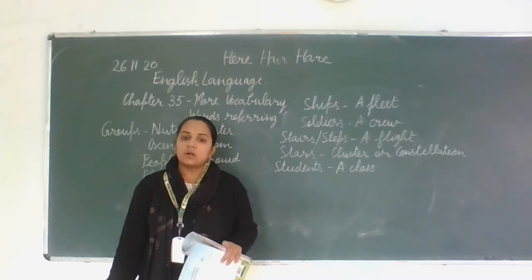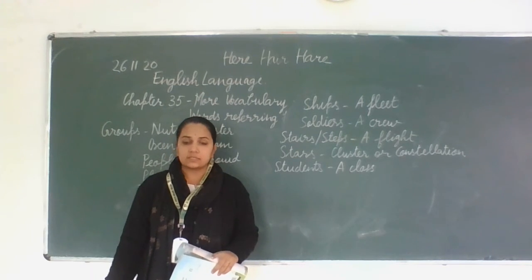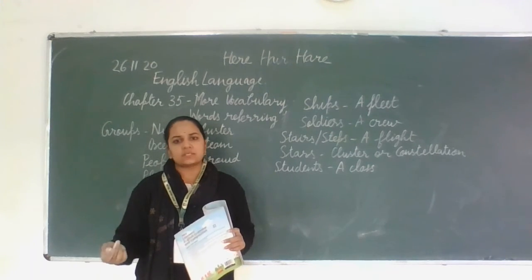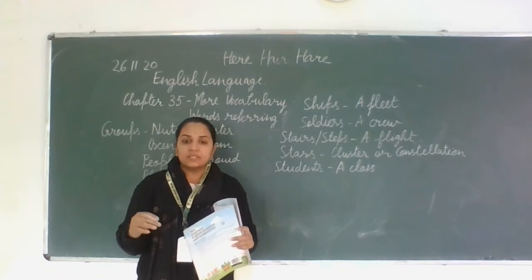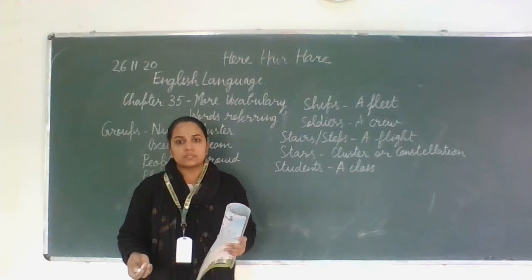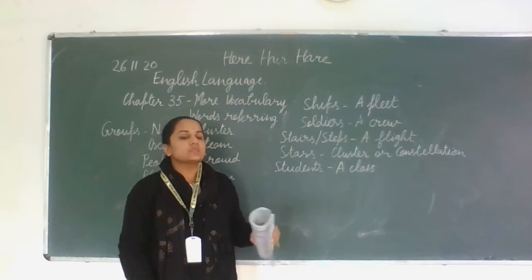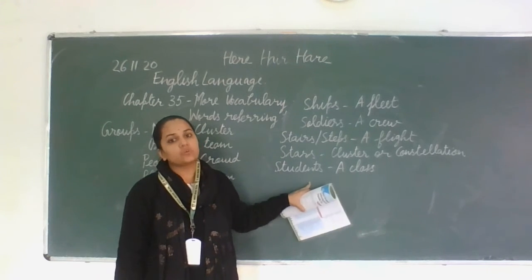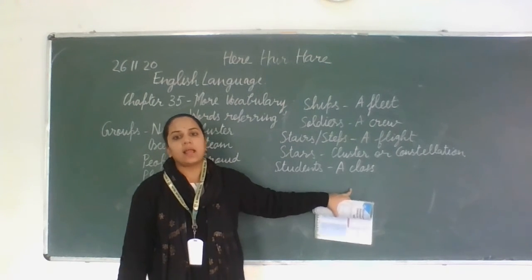The teachers mostly says class. This is your homework or this is your assignment. So before that, when the teacher addresses the students, the teacher hardly uses the word students. Mostly they use the word class. Because the group of students is known as class.